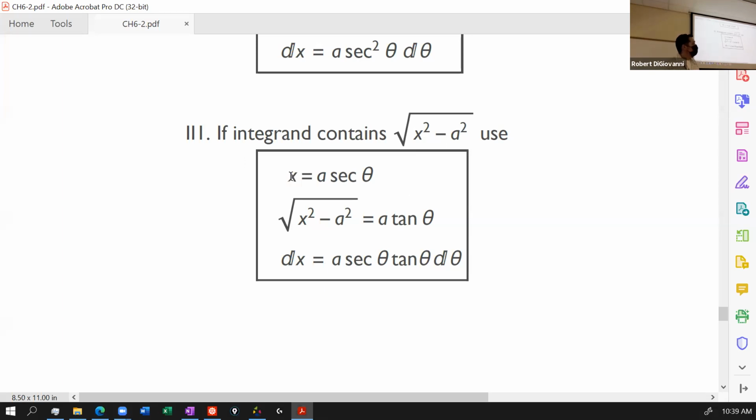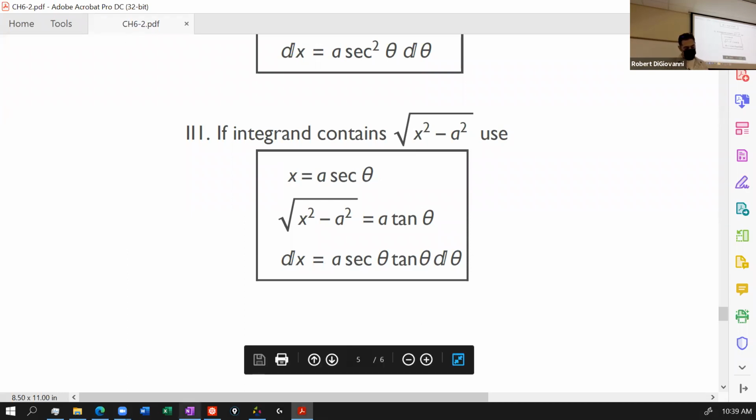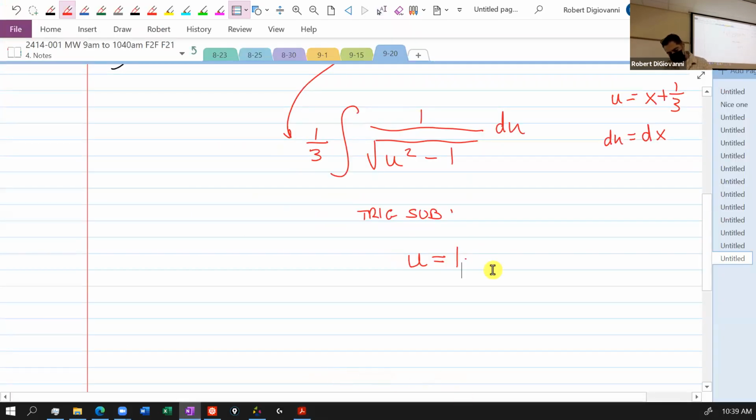The variable, in our case, it's u, right? Not x, is a secant theta. So this is going to become a secant theta. Du would be secant theta tangent theta d theta. And the square root of u squared minus 1 equals tangent theta.